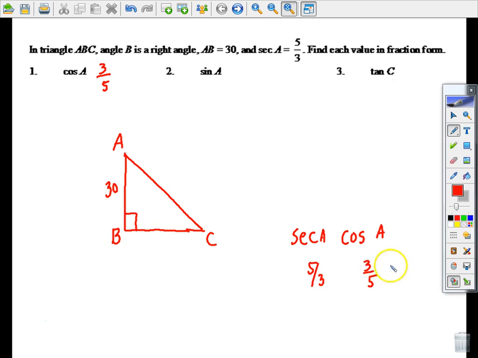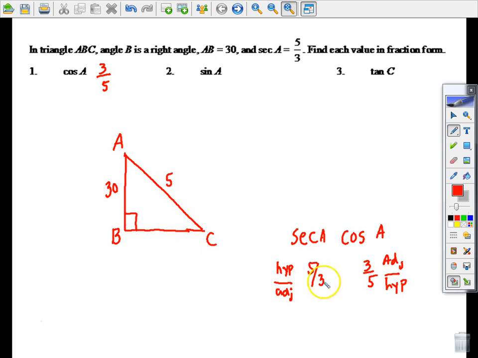Remember, if cosine is adjacent over hypotenuse, then secant is just the inverse of that, hypotenuse over adjacent. Well, some people looked at this and said, now wait a minute, if it's hypotenuse over adjacent, that would make this 5, and isn't the hypotenuse supposed to be the longest side of the triangle? And the answer to that is yes.